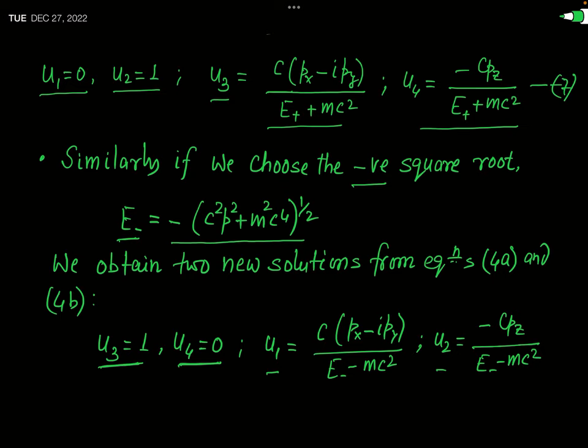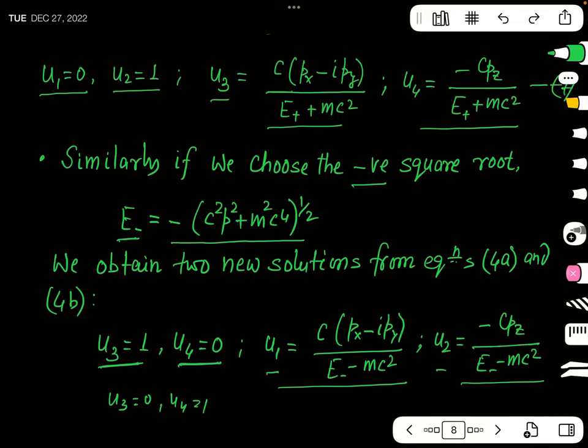equal to 0. Then from equations A and B, we obtain u1 equal to this much, c(px minus ipy) over E minus mc square, and u2 is equal to minus cpz over E minus mc square. Now we will take another set, that is u3 will now be taken 0 and u4 will be taken 1.